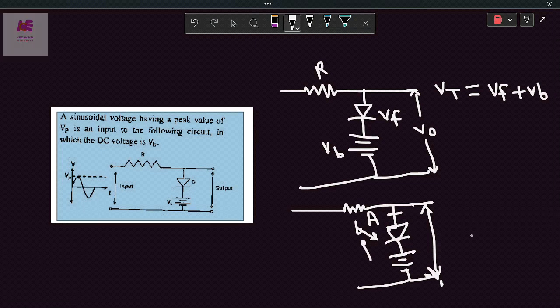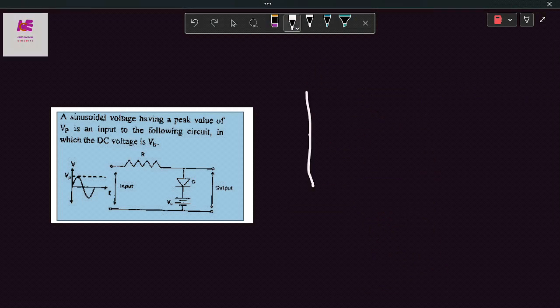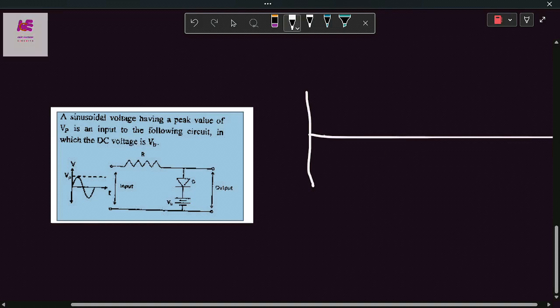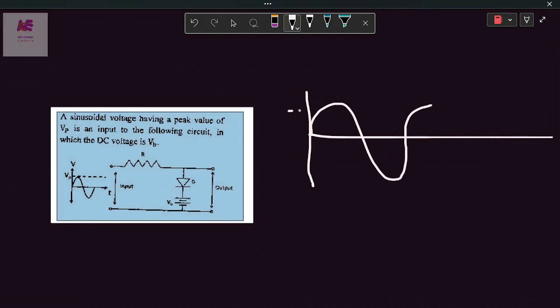The diode will be in reverse biasing, open circuited, and we are getting the maximum voltage drop across the output terminals. Nature of the output sinusoidal signal will be like this. This is Vt.